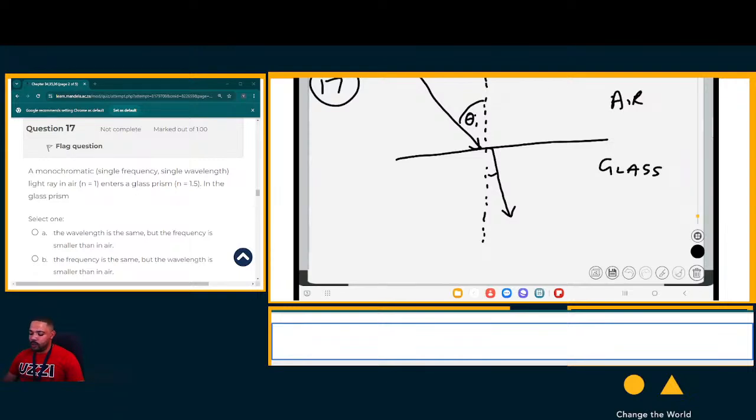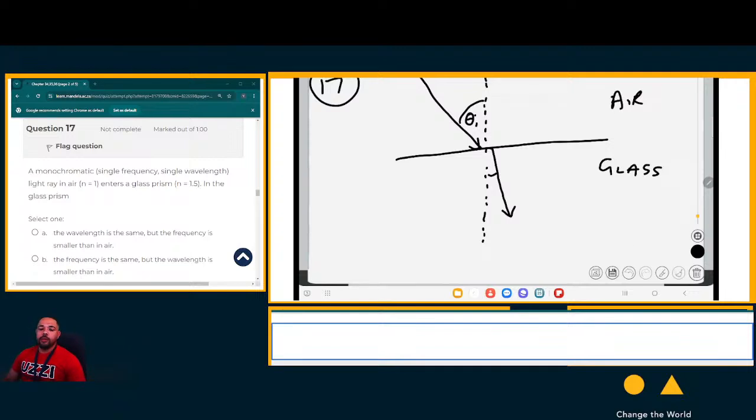Let me just check. Yeah, that's about right. So just forget the bending towards or whatever now.